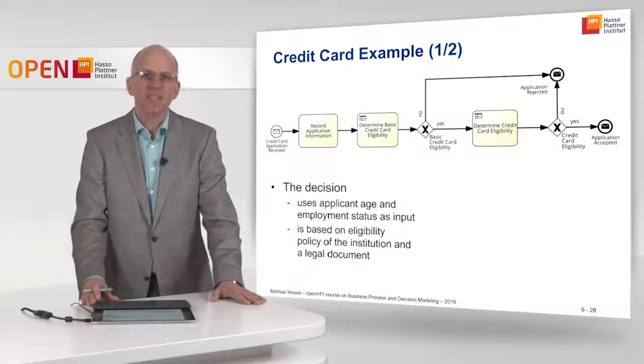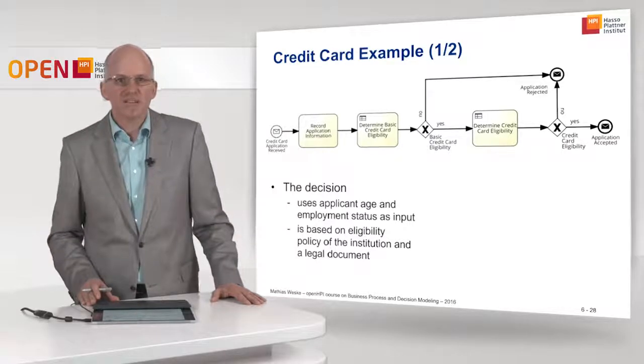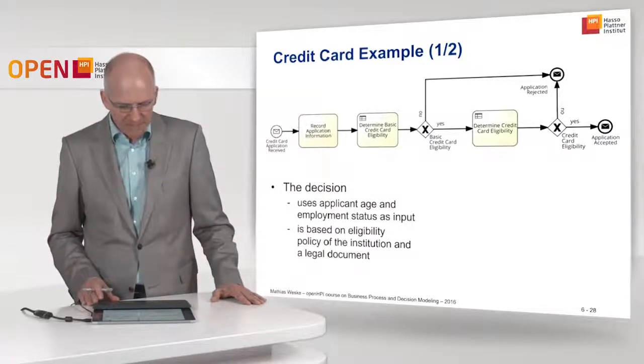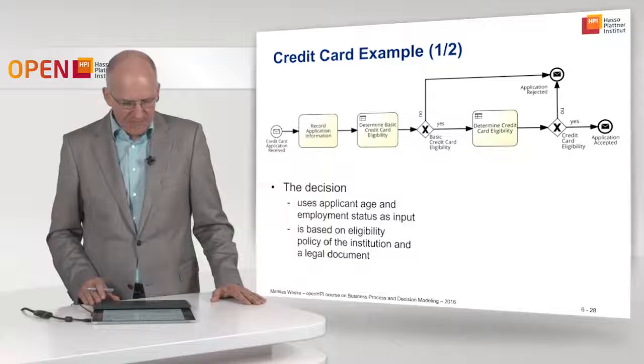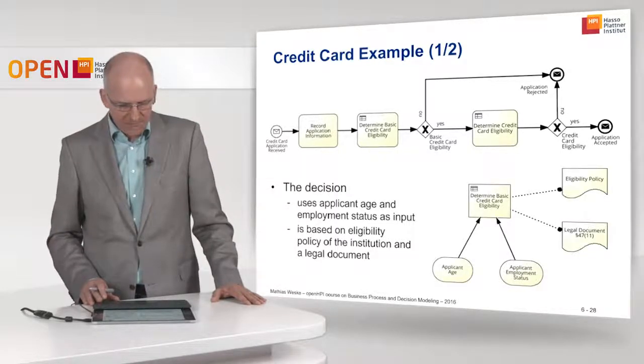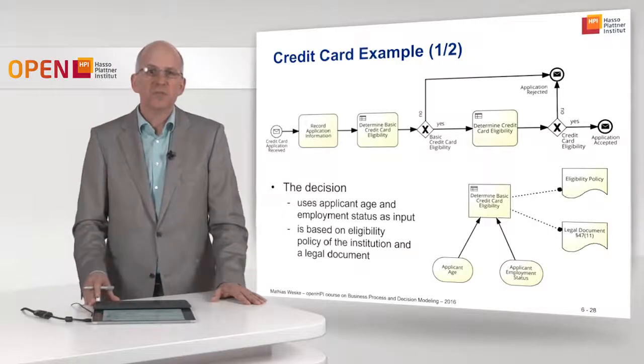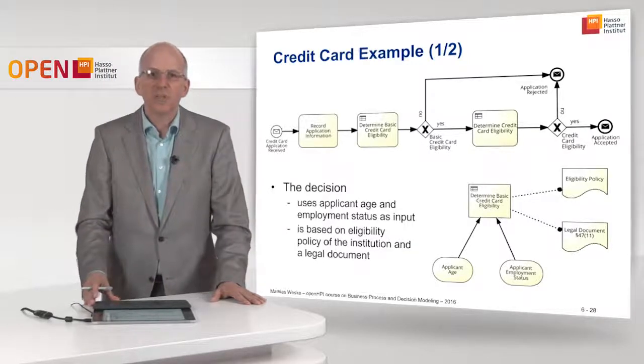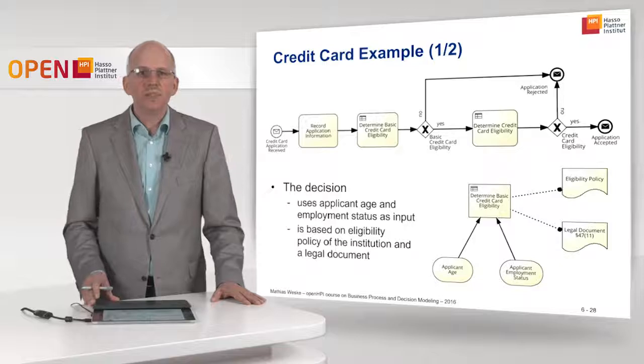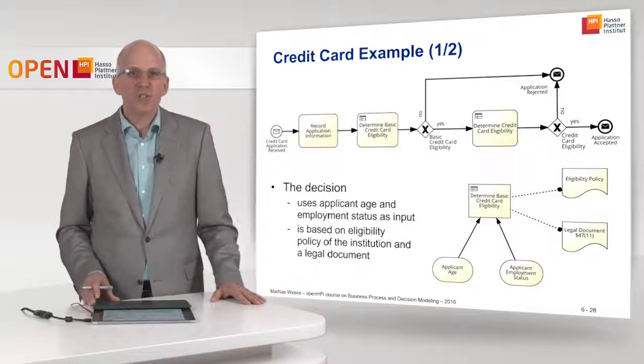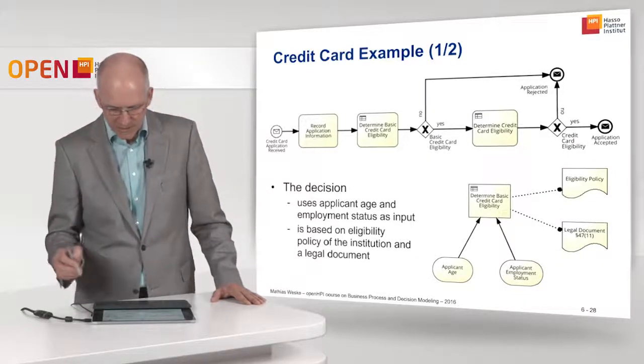So let's return to the example of the credit card. Here, the decision uses applicant age and employment status as input, and the decision is based on a certain eligibility policy of the institution and also a certain legal regulation or legal document.